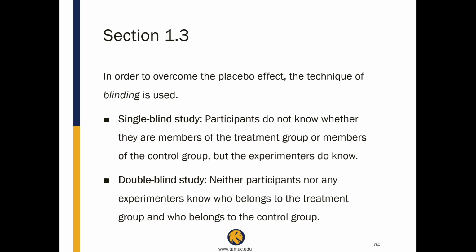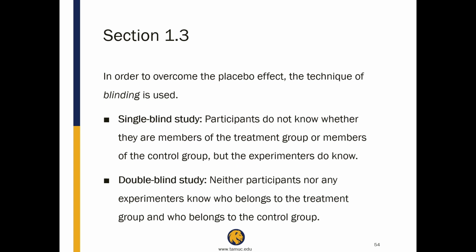However, that can give some problems if the key people collecting the data know, they could also have some psychological factors which influence the outcomes and thus confound the results. So in a lot of cases, they try to run what's called a double-blind study. In this case, neither participants nor any of the experimenters know who belongs to the treatment group and who belongs to the control group.